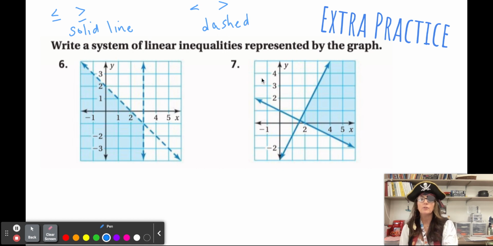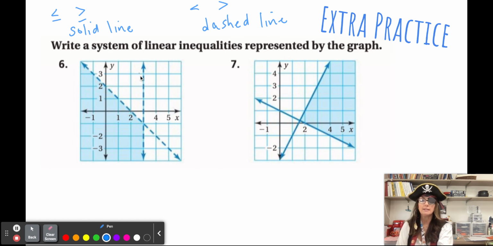All right, so first we're going to try to write these as if they are just a regular linear equation, okay? And then we'll put in the symbol based on the shading. Now, the part that they shaded is only the solution, only the part that is the solution to both. So imagine the part that is shaded is actually the purple part, okay? It's like they got rid of all the rest, all right?